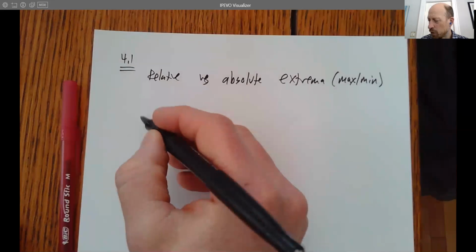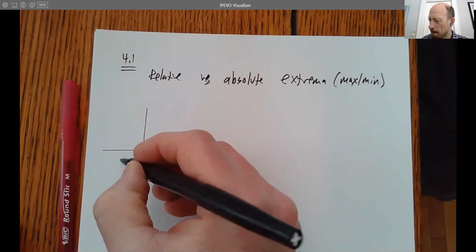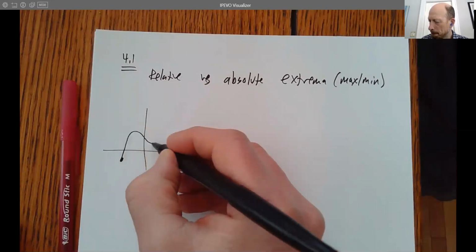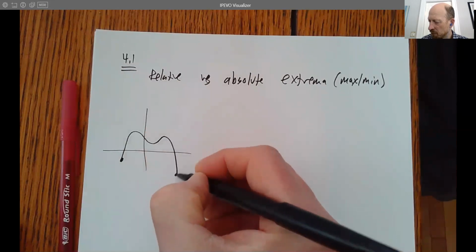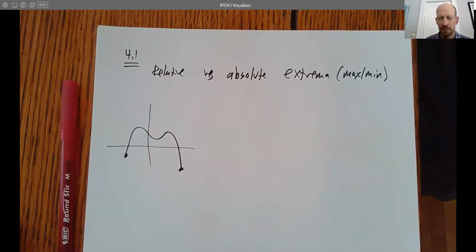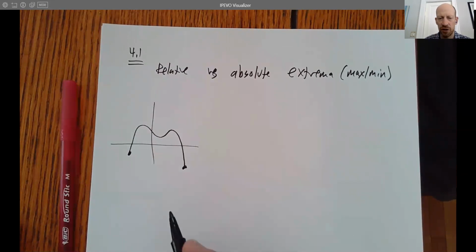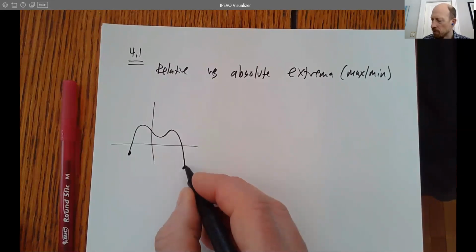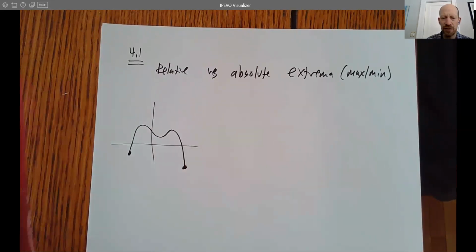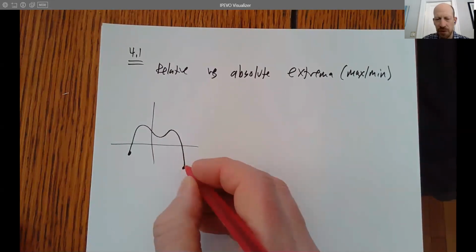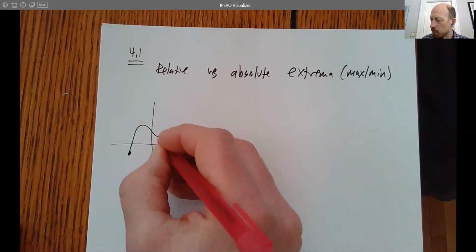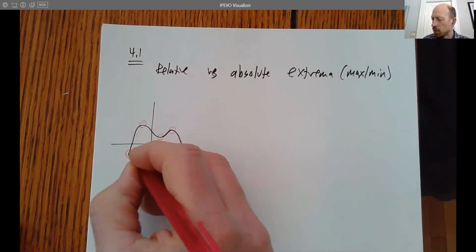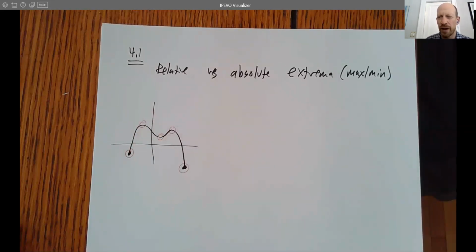So when I think about a function like this, so this is defined on a closed interval, there are some points that seem important if I'm thinking about minimums and maximums. So these are points I'd be interested in if I'm concerned with extrema.